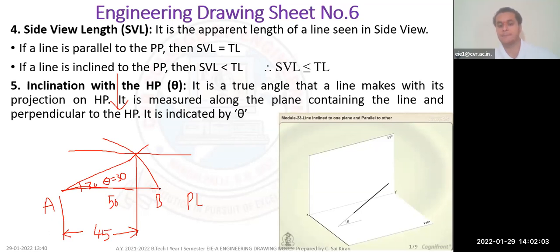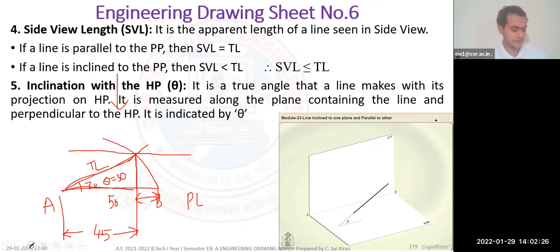Actual length is 50 mm, but when I'm rotating, this distance is true length 50. But when I'm seeing from the top view, this is my reduced length. So this 5 mm length is reduced when I'm seeing from the top view, because I gave the inclination. Okay, that is the same thing.